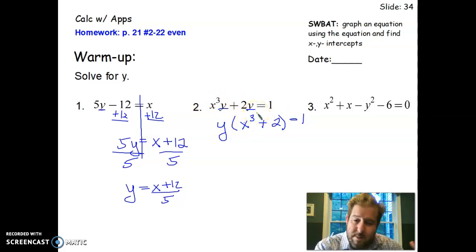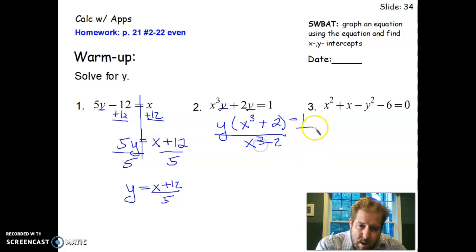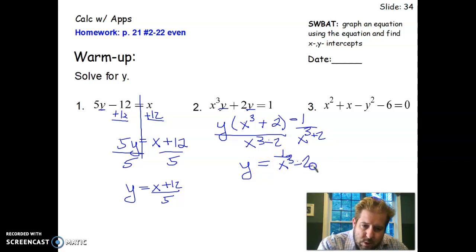It's basically just the opposite of distributing. Then I can just divide both sides by x cubed plus 2. Do the same thing over here, and that's going to be my answer. So y is 1 over x cubed plus 2.